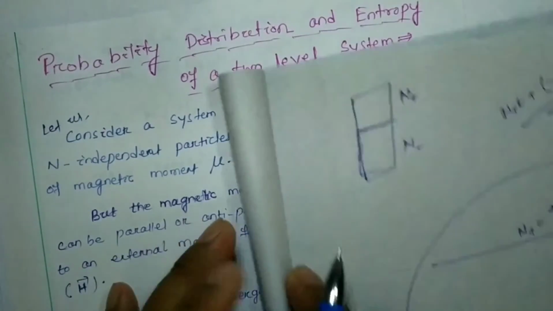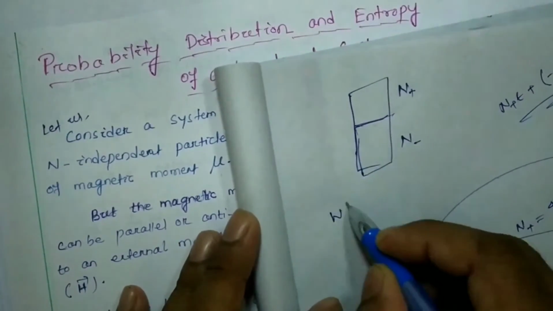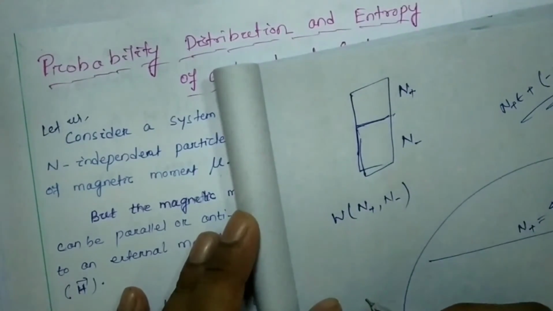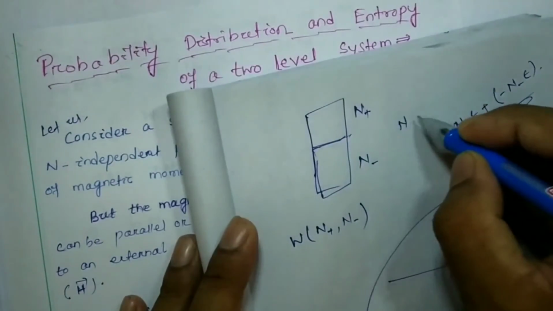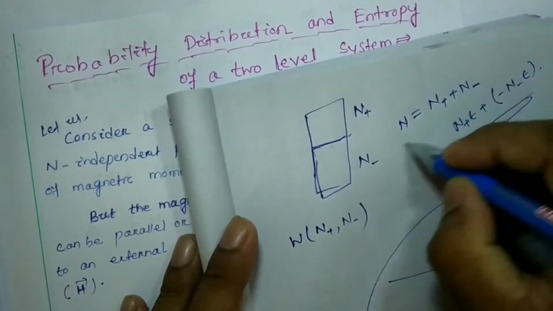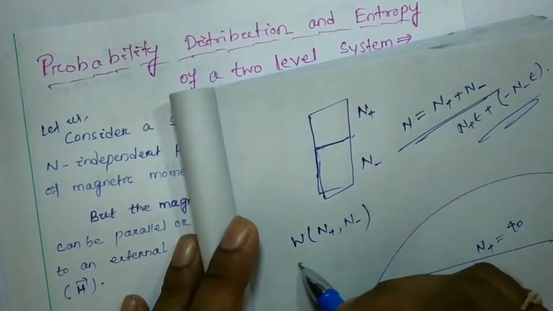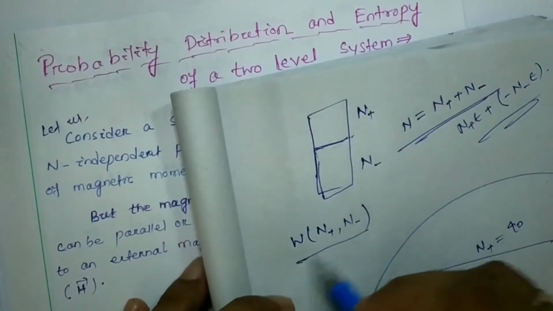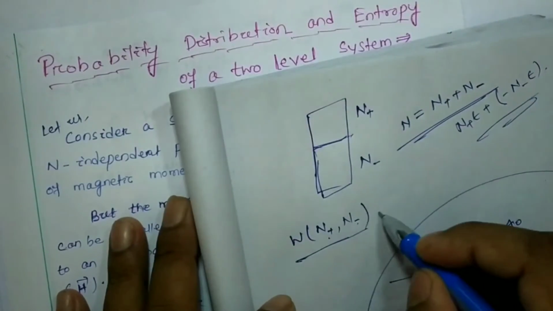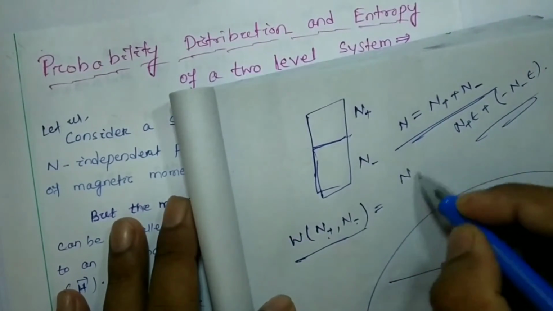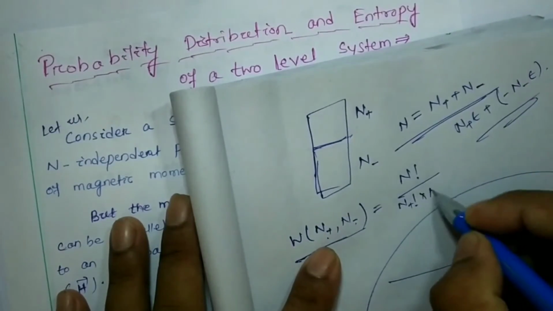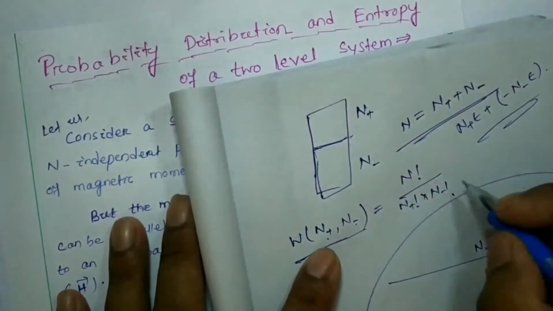So what is the macrostate? The macrostate is (n plus, n minus), and capital N is nothing but n plus plus n minus. For this macrostate, the number of microstates will be N factorial divided by n plus factorial into n minus factorial.